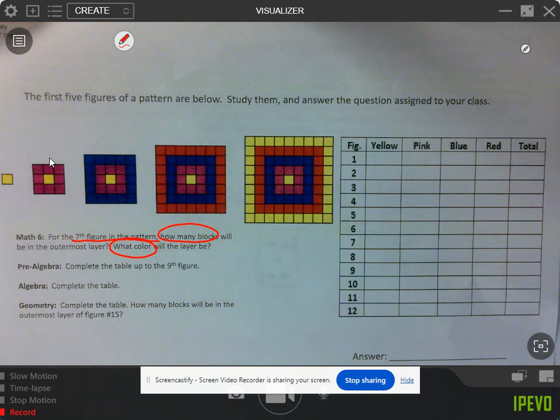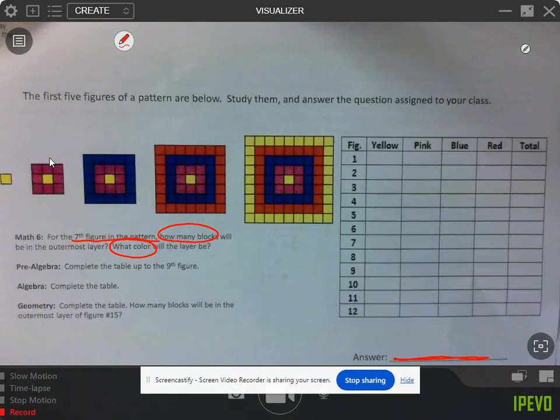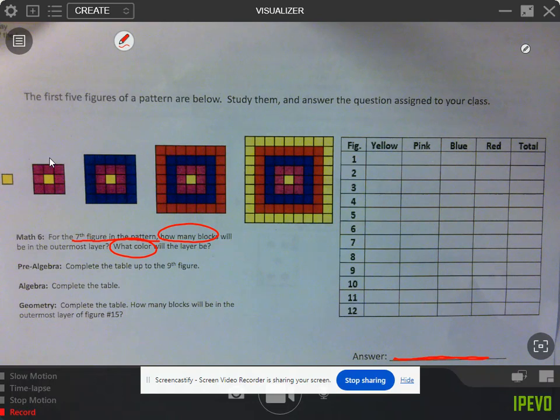Now I had somebody say, do I have to fill the table in? And I said, well, that's what I did to find the pattern. And they said, oh, I actually drew the pictures. And that's fine. I'm looking for your complete answer. I need to see how many blocks are going to be on the outside and what color it's going to be.